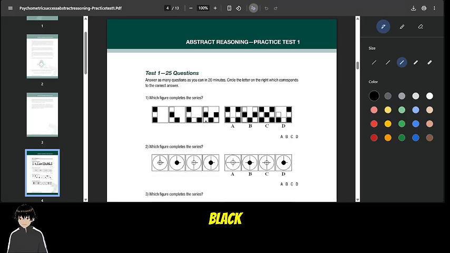These should be black. This should be white, black. And then this should be black. So my answer for this would be A.